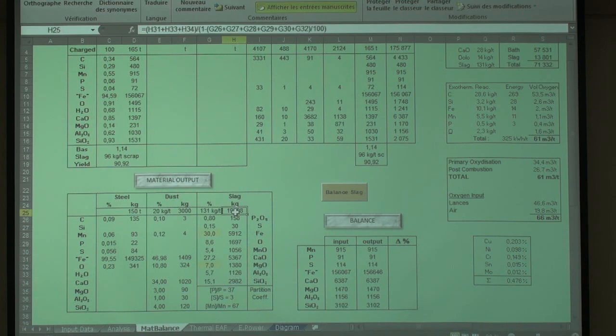You see these elements here on top, divided by what they represent in the total amount of the slag, which is 1, let's say 100%, minus all the elements where we have calculated the percentage. Is it clear to you?